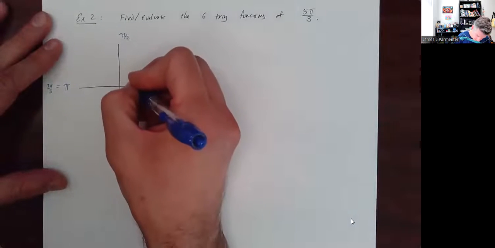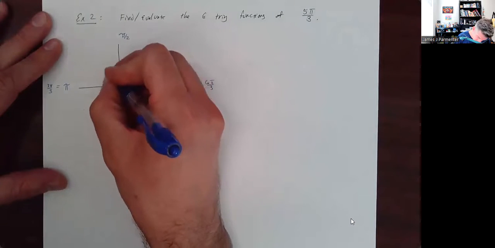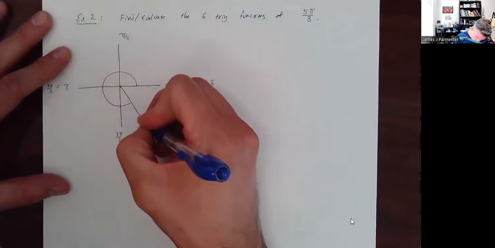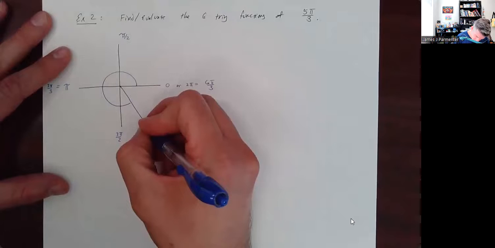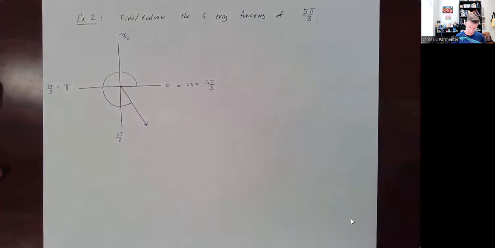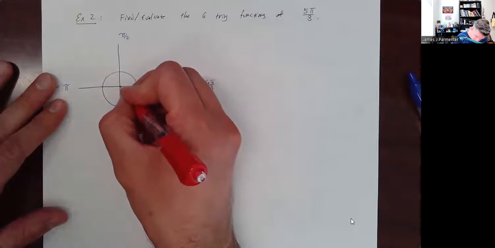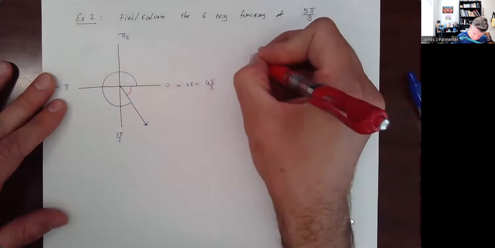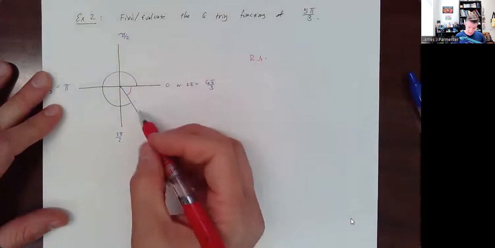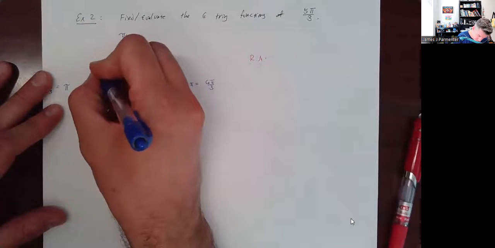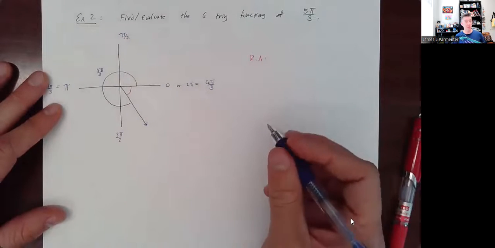So here's my, that's pretty good. Cool. There is my angle, 5 pi over 3. And here is my reference angle. My reference angle here, well, again, it's the difference between my given angle, 5 pi over 3, and the angle for the closest x-axis.